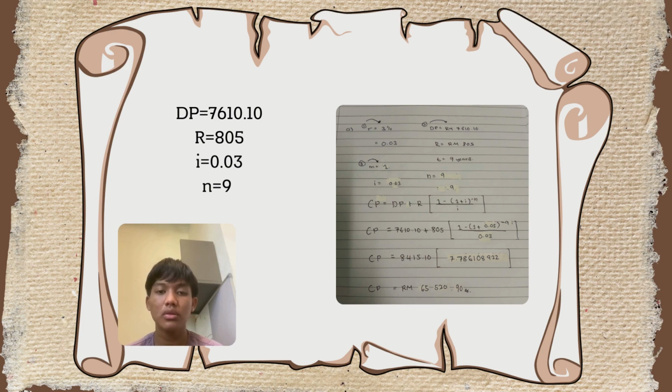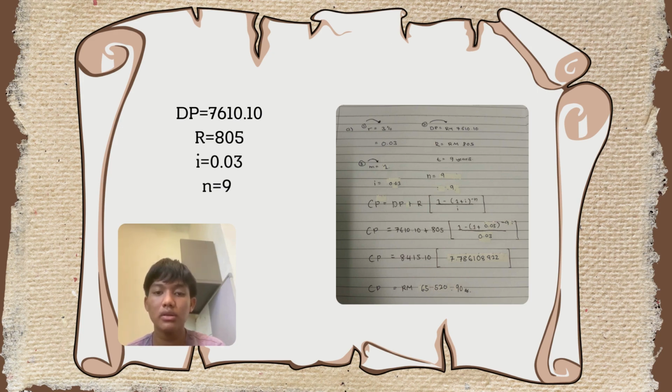So how do we find the cash price? CP equals DP plus R in the bracket of 1 minus bracket of 1 plus i to the power of negative n, over i. So CP equals 7,610 ringgit 10 cents plus 805 in the bracket 1 minus bracket of 1 plus 0.03 close bracket to the power of negative 9, over 0.03 close bracket.